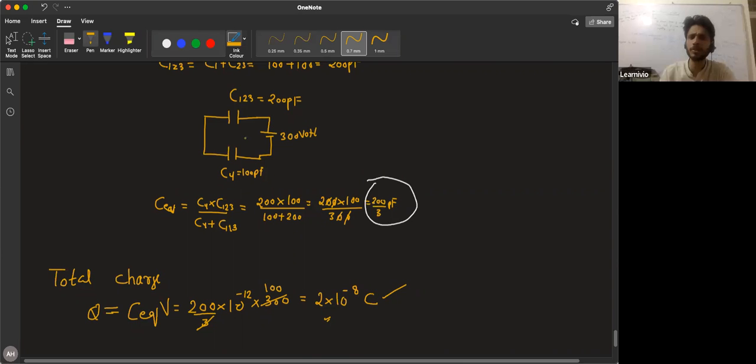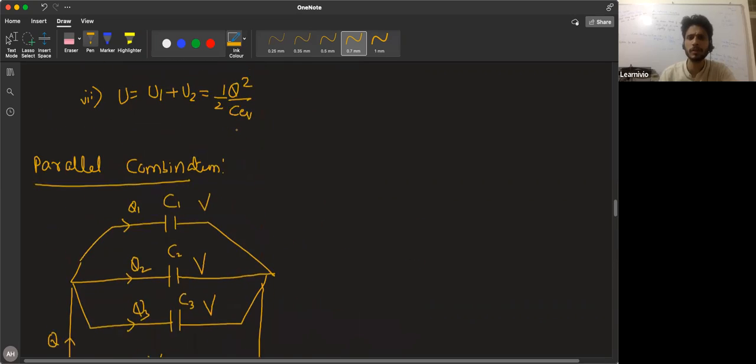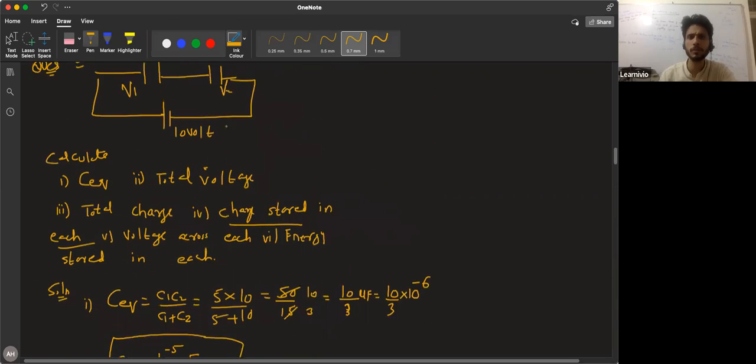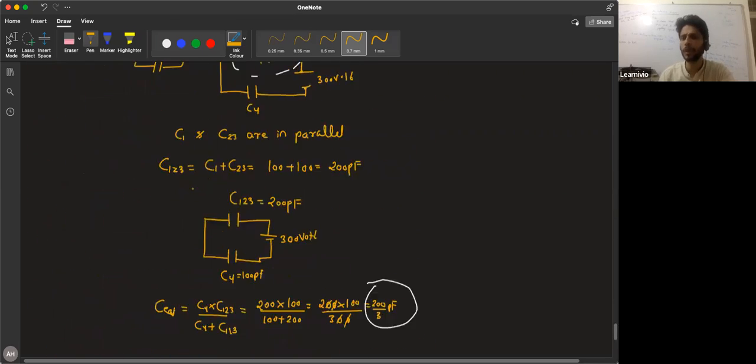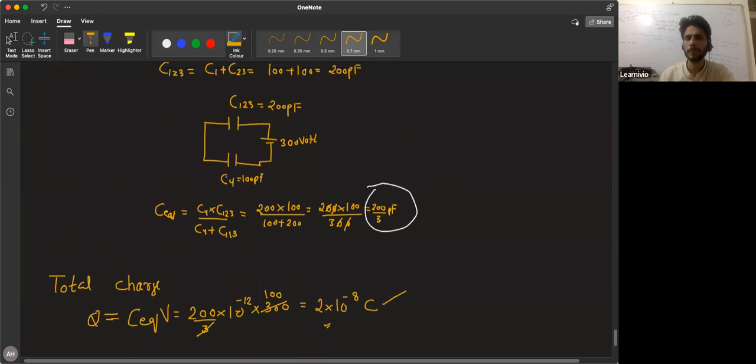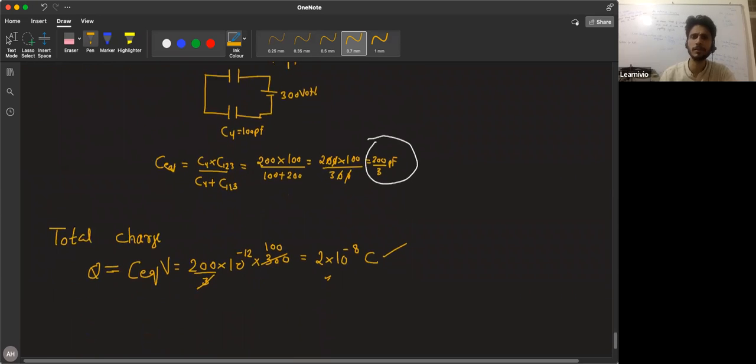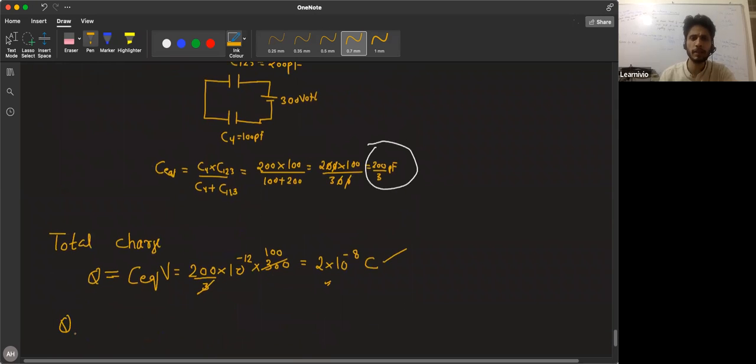See, this is a series combination of two capacitors only. These two capacitors are in series. Now, this charge will be the same. Charge in 1, 2, 3 is equal to charge in 4, which is equal to total charge, 2 into 10 raised to the power minus 8 coulomb. This is total charge stored in each capacitor.